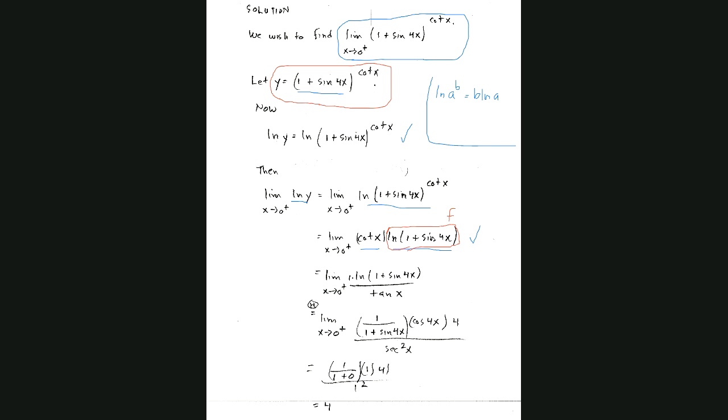The cotangent of x is the cosine over the sine, but it's also, good, Rodrigo and Tina, 1 over the tangent of x. So I can write my limit as the log of 1 plus the sine of 4x, that's my f, over the tangent of x. That's my g.